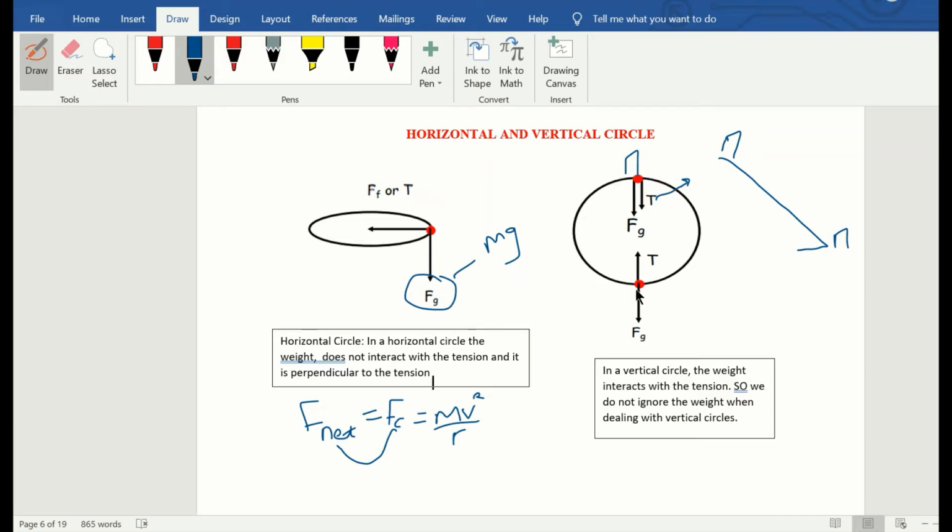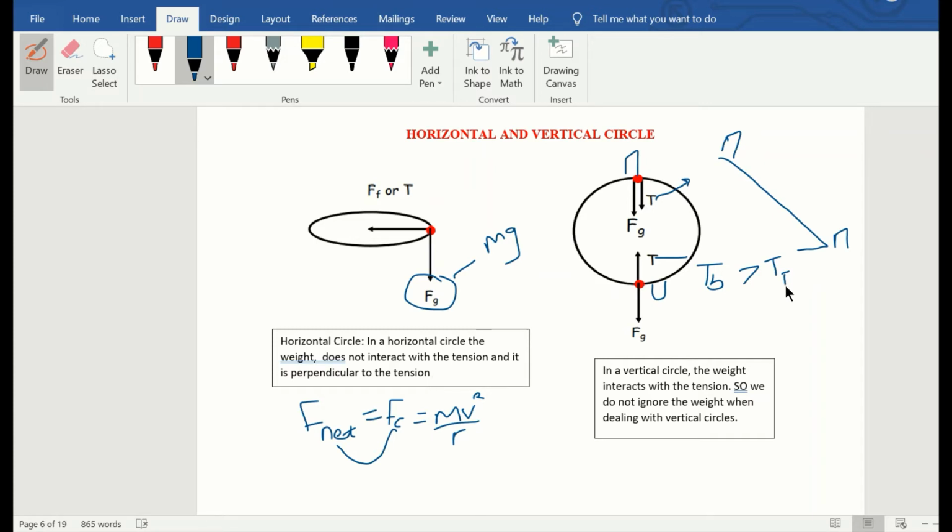Now at the bottom, just in the same way as in the inclined plane, the car will require much force to move off the bottom of the circle. So what I'm saying is that the tension at the bottom is greater than the tension at the top.